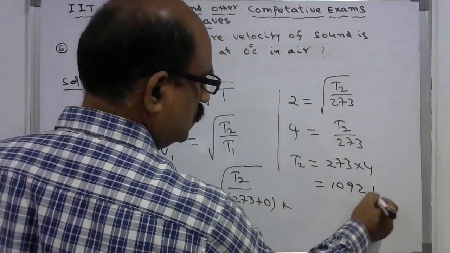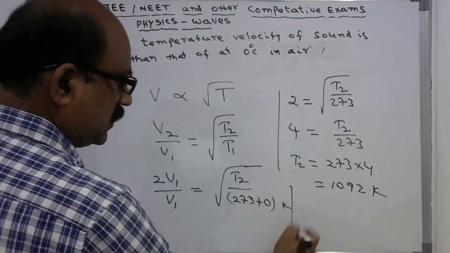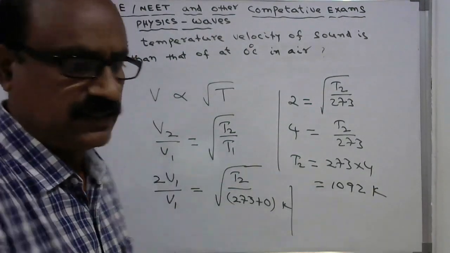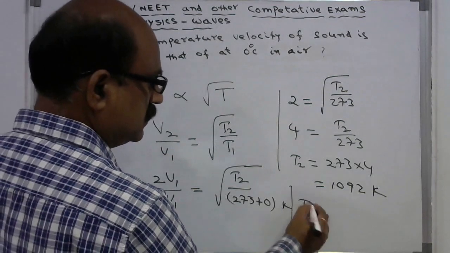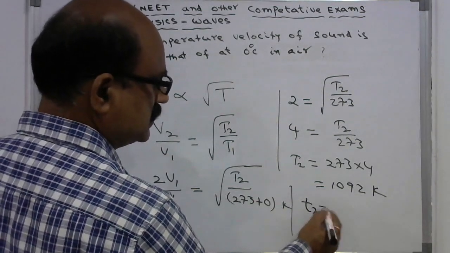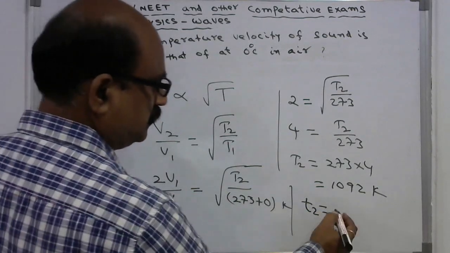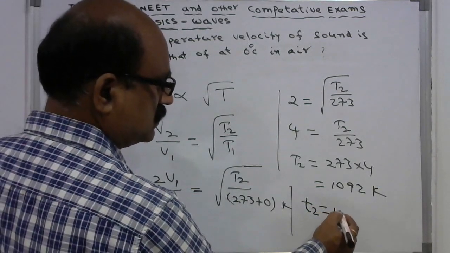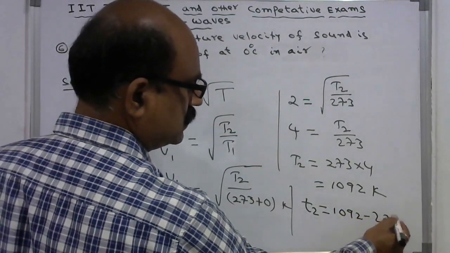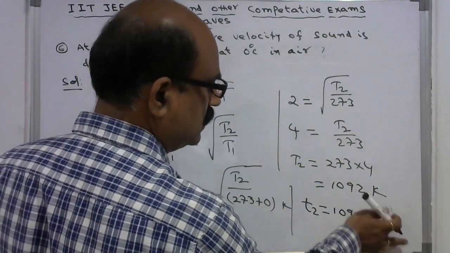If you multiply this by 4, you will get 1092 Kelvin. But in your options, the answer will be given in degrees Celsius. So we have to find the temperature in the Celsius scale, the centigrade scale. Then you have to subtract 273 from this Kelvin value.